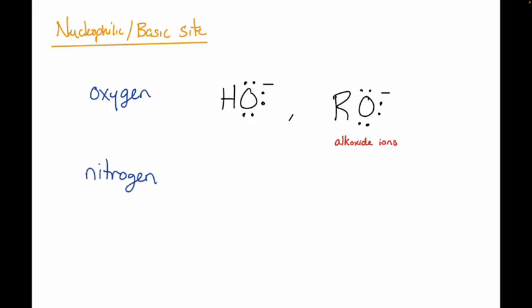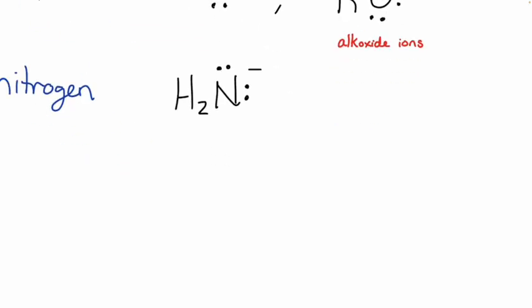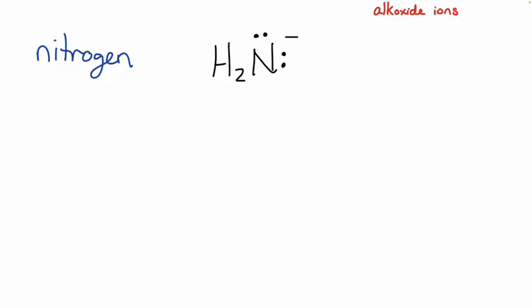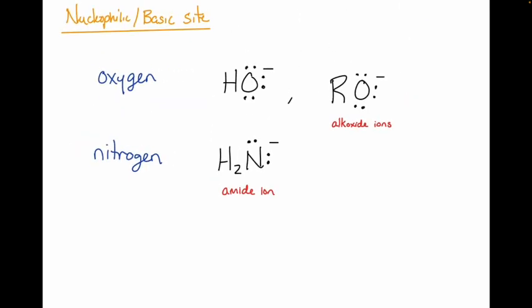A little bit more rare because it's a way strong base, so kind of dangerous to work with, but nonetheless, are nitrogens with a net negative charge. We're going to name this one as well. This is what's called an amide ion. We talk about it a lot in organic chemistry.